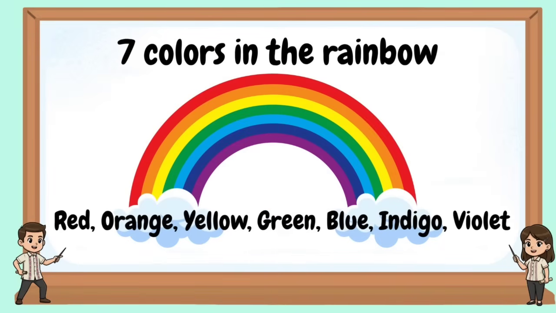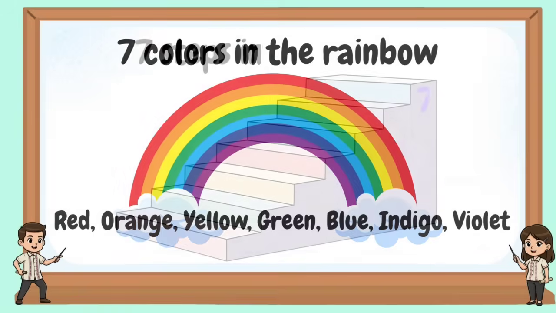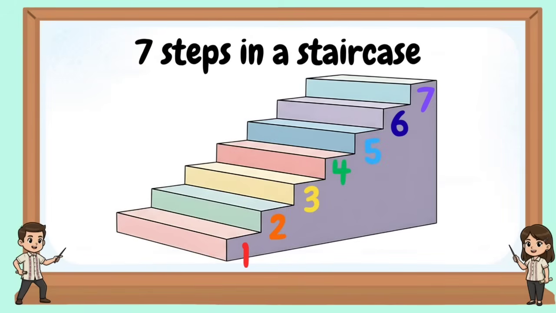We have red, orange, yellow, green, blue, indigo, and violet. 7 steps in a staircase.